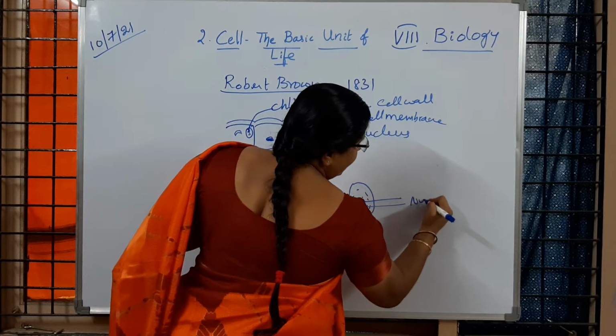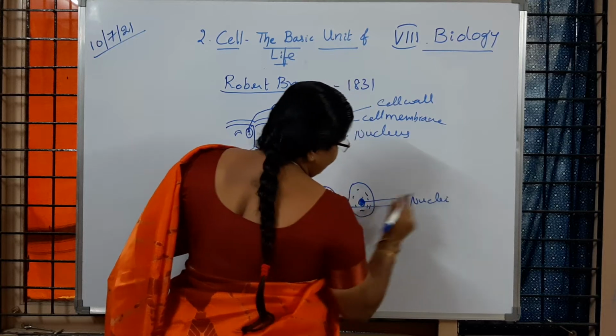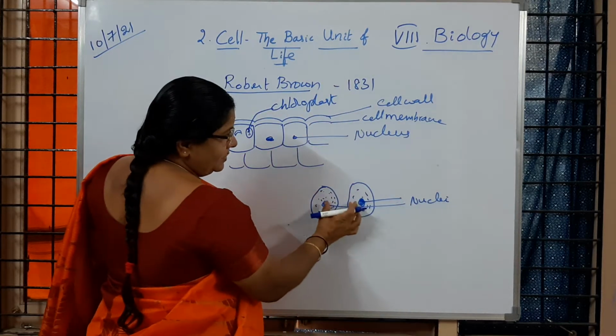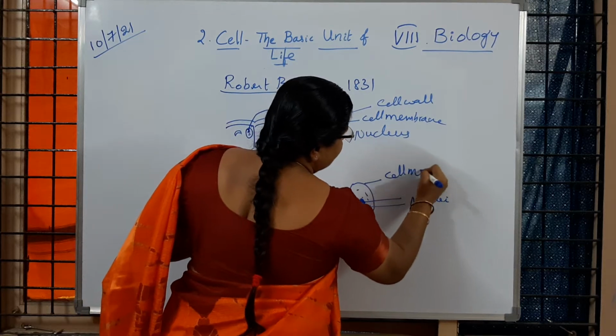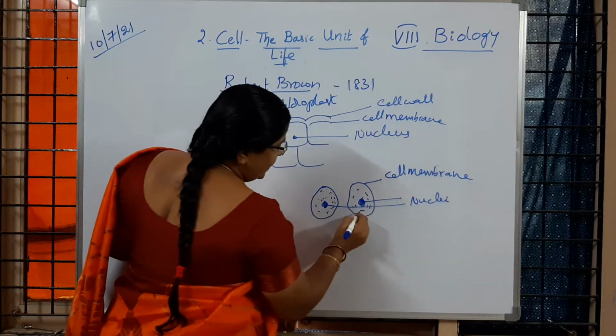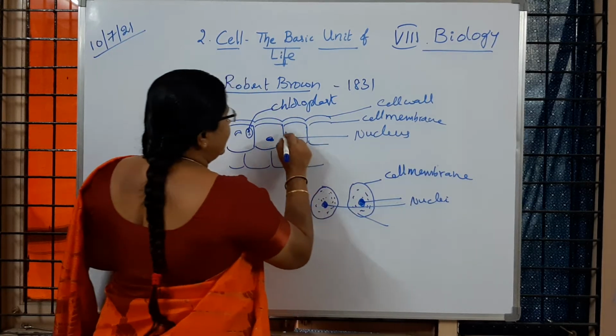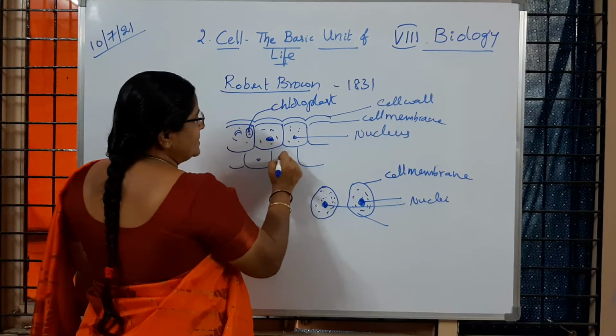That is a nucleus. Nuclei I will write, because I am showing two cells, plural. So this is cell membrane. And inside that we are observing jelly-like fluid. Even here also jelly-like fluid is present.